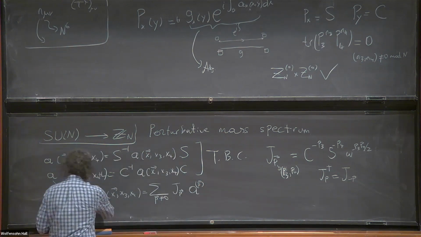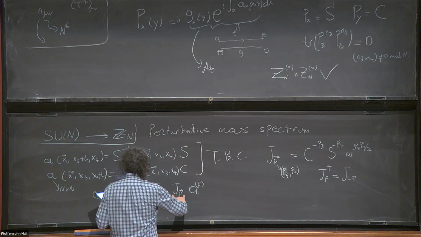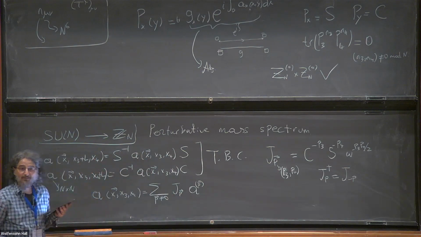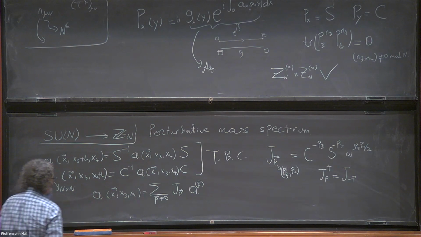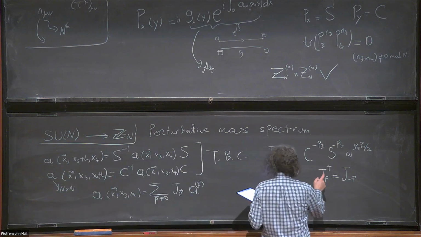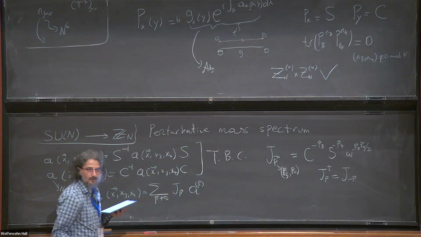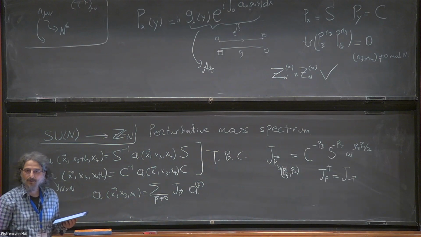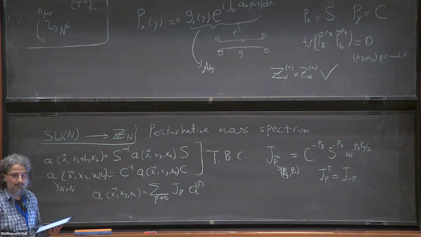Actually, you can write an n by n matrix in this basis. It's an n by n matrix, but it has n squared minus 1 degrees of freedom living in it because it is traceless. So I made a sum over all P, not including the origin, not including P equals (0, 0). So I expressed my n by n matrix by using this basis.